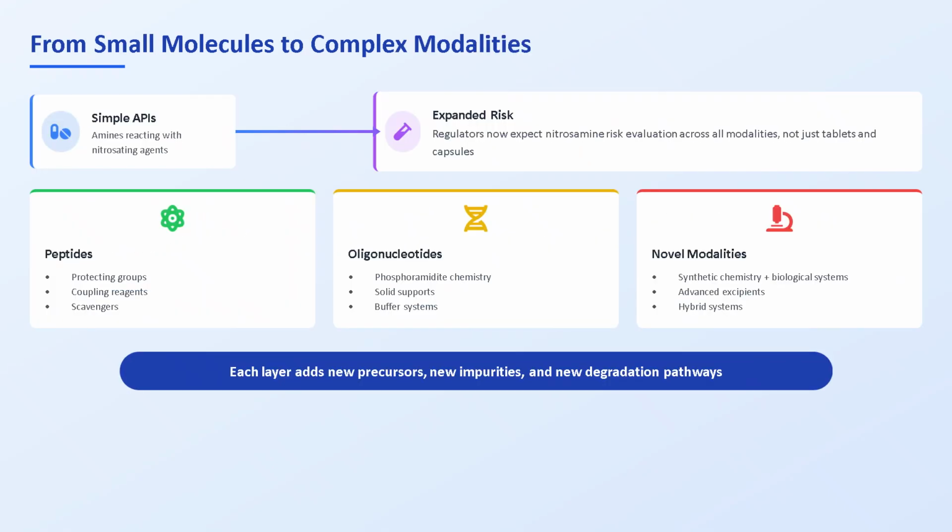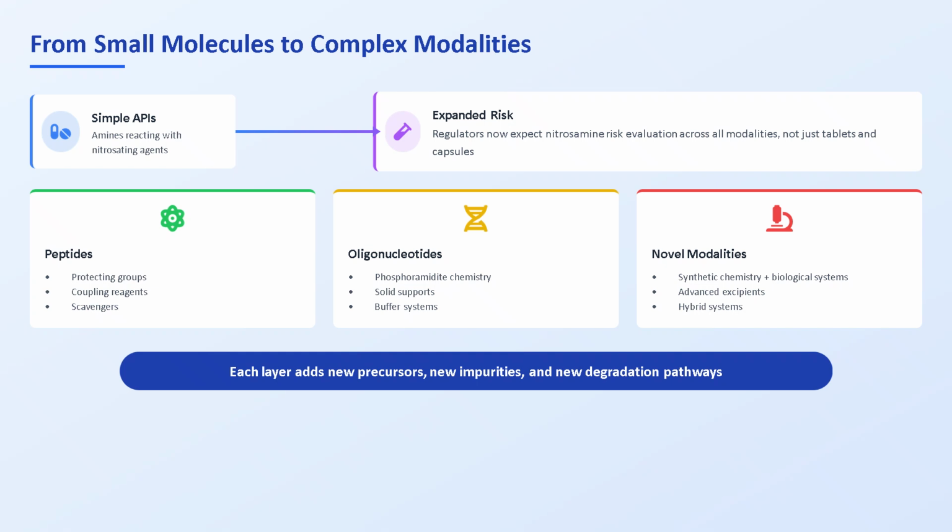Traditionally, nitrosamine risk was easy to explain. Amines react with nitrosating agents. End of story. But emerging modalities add layers of complexity. Peptides introduce protecting groups, coupling reagents, and scavengers. Oligonucleotides rely on phosphoramidite chemistry, solid supports, and specialized buffers.